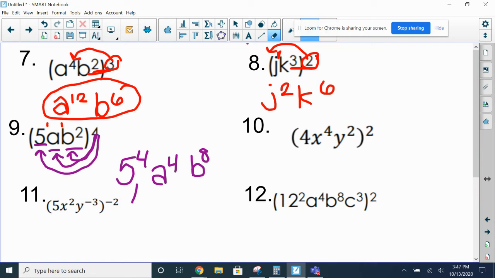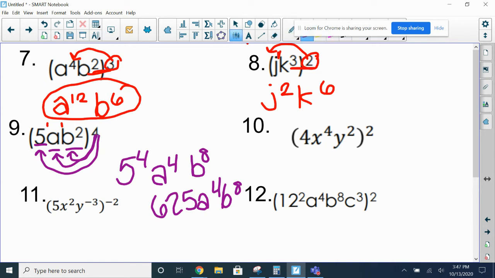So 25 and 25, giving us 625. So I've been very nice about this. You could put 625 A to the 4, B to the 8, or you could put this. Unless it says solve, then you have to have that 625 A to the 4, B to the 8.